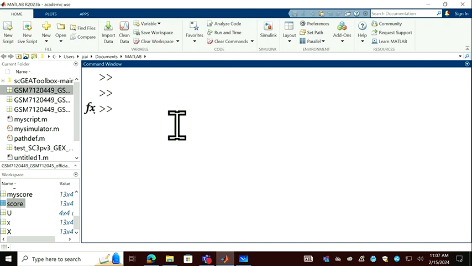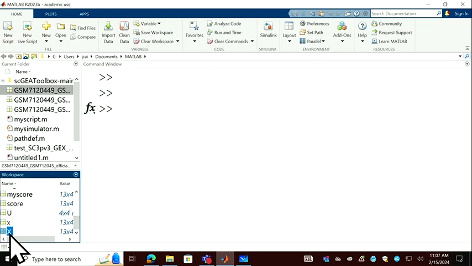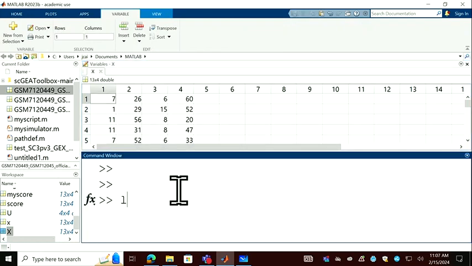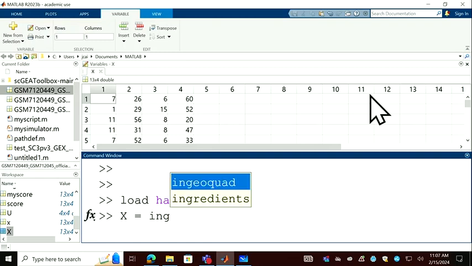Okay, we are going to move forward to look at the t-SNE, okay? You should have your X matrix in your workspace. If you don't, just load it and then get X ingredients.